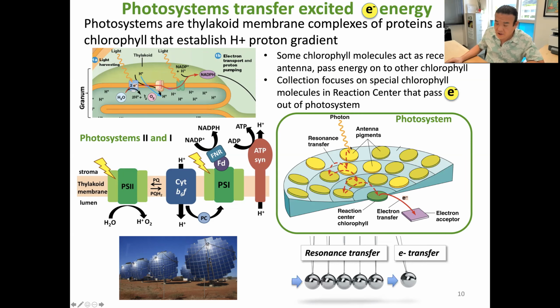The chlorophyll molecules are arranged like an array of solar panels within one of these photosystem complexes. The proteins within this photosystem complex are holding onto these baseball gloves, and in this case, these baseball gloves are the chlorophyll molecules.